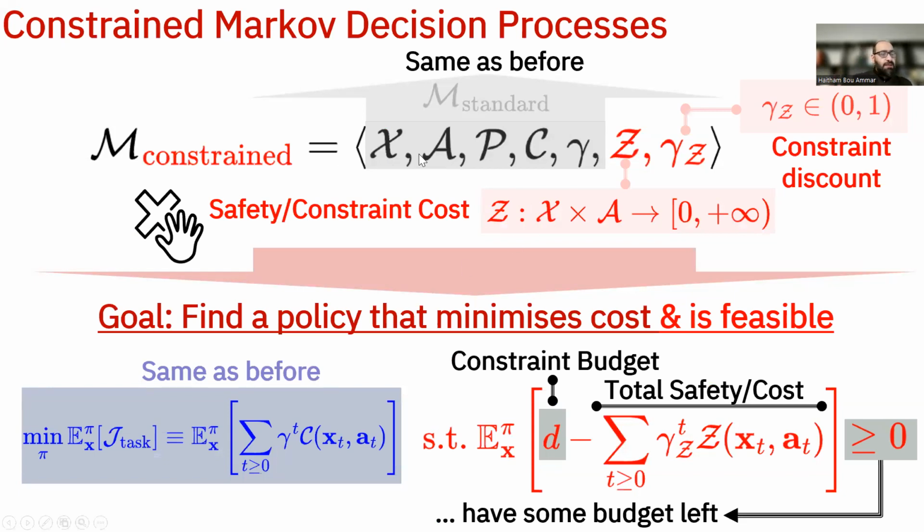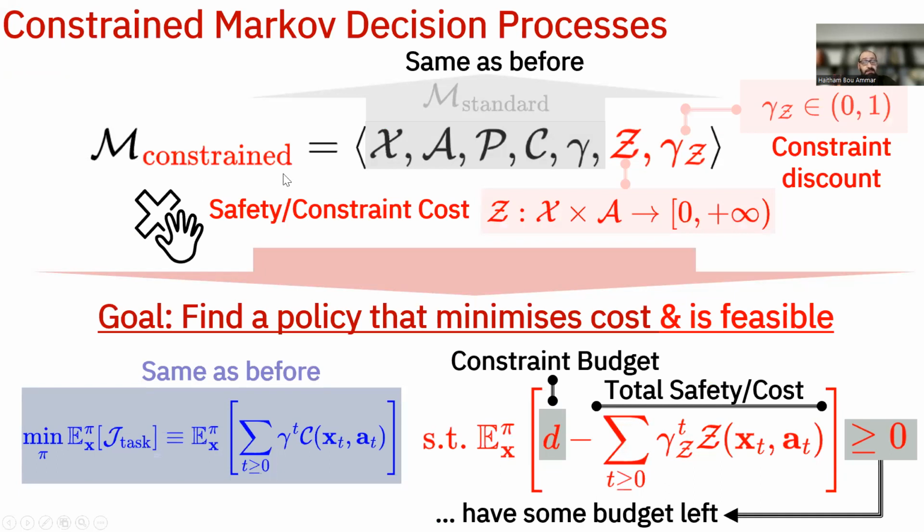A constrained MDP is defined as a standard MDP which had the state space, the action space, the transition model, the standard cost function, and the discount factor. But we're going to augment that with two additional components. Those are new components, which we are calling Z and gamma Z.